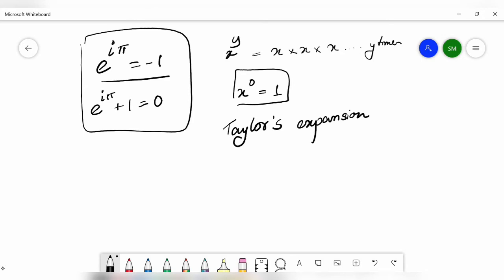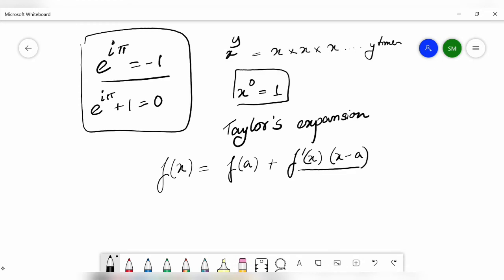So the general formula goes something like this: f of x is equal to, and so on and so forth, right?